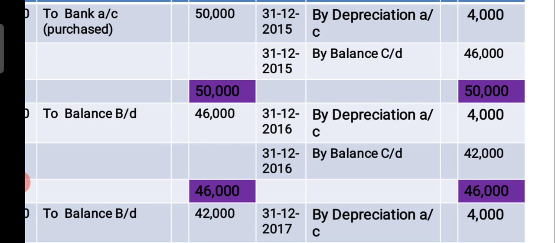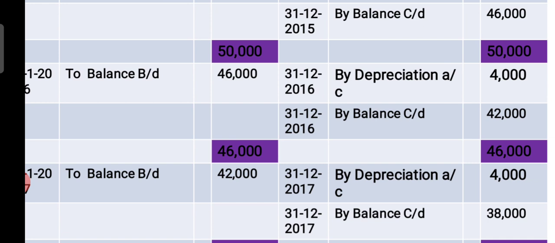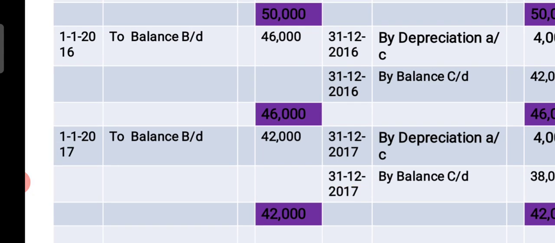The same closing balance becomes the opening balance for the next year. So on 1st January 2017, to balance brought down rupees 42,000. Here on the debit side of the asset account we write 42,000 as the opening balance on 1st January 2017.